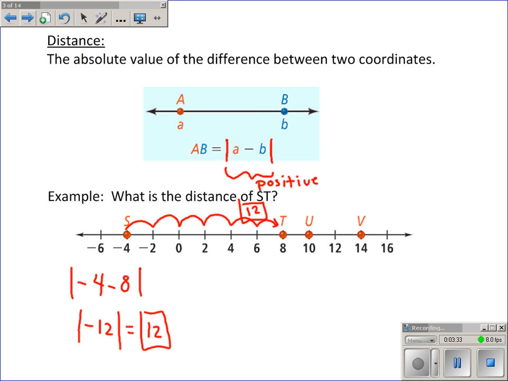Also, let me point out that it doesn't matter which order you put it in. If you prefer to do 8 minus -4, which, minusing a negative is the same as adding, you get 12, the absolute value of 12, which is still 12. If you prefer to use the picture or prefer to use the formula, either way it's fine, but you should be able to find the distance between 2 points and the length of a segment.